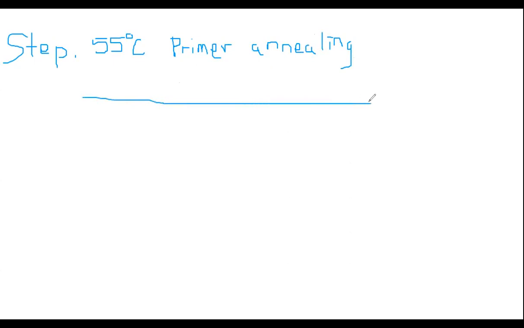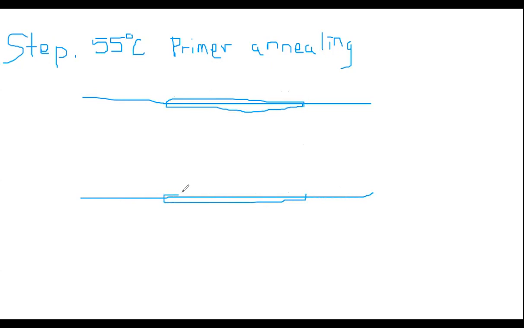So let's say we have 1 strand there and we have another strand there. And let's say that this is the gene, the region that you're interested in, and of course, that's part of it on the opposite strand there.